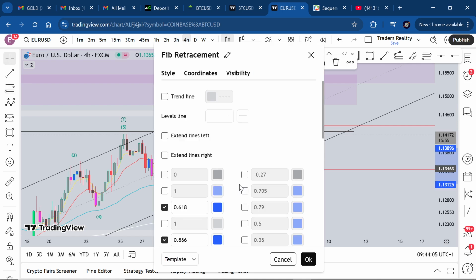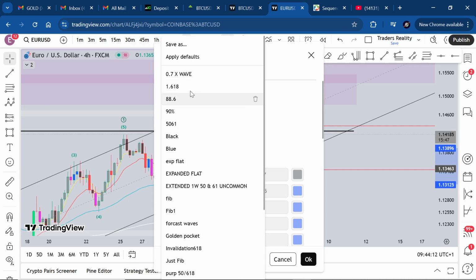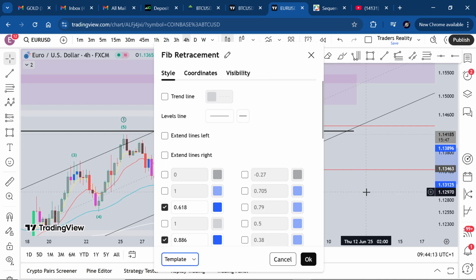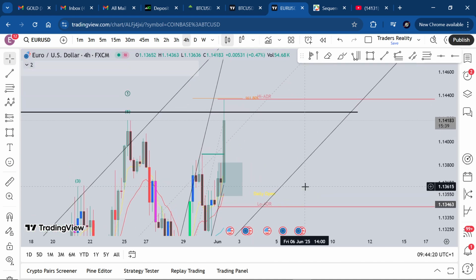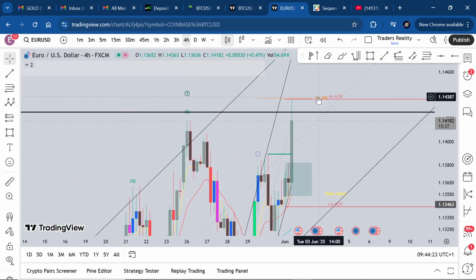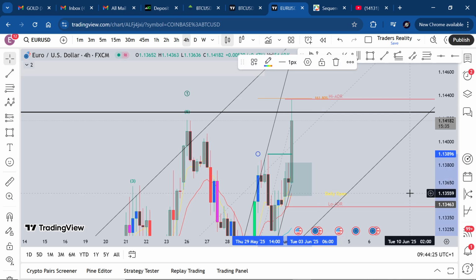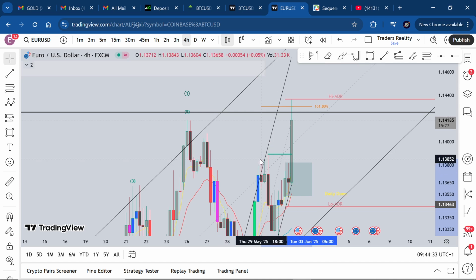Always getting very close to it. Let's have a look. Sorry, the 1.618 Fibonacci extension. Yeah, we've touched it. Or you could say we just missed it. But as far as I'm concerned, that's a hit. Especially when you consider that this may actually be the end of your A, just down here.